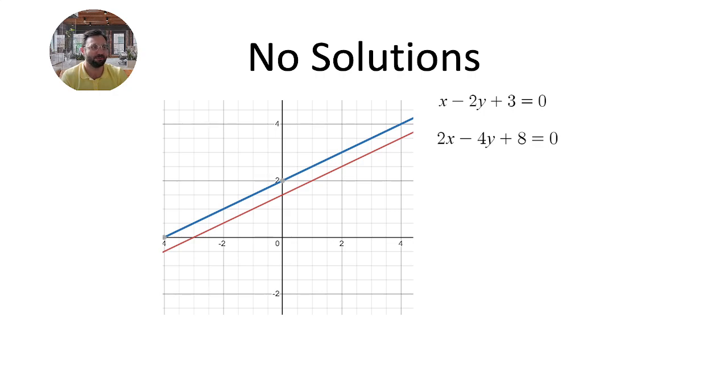So in this example, x minus 2y plus 3 equals 0 is one line, and 2x minus 4y plus 8 is another line, the red line, but this time it has a different intercept, and these two lines do not overlap. Therefore, there are no solutions. Another example of a singular matrix.